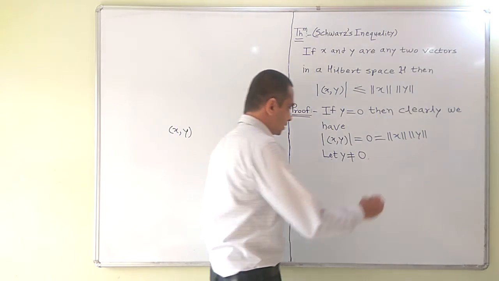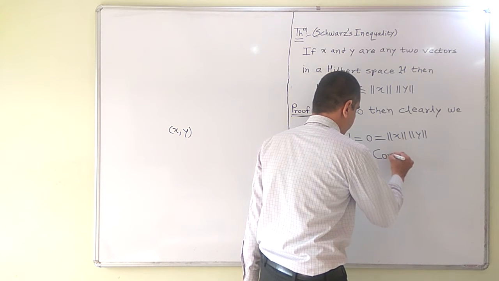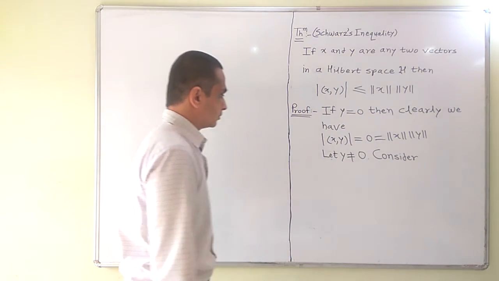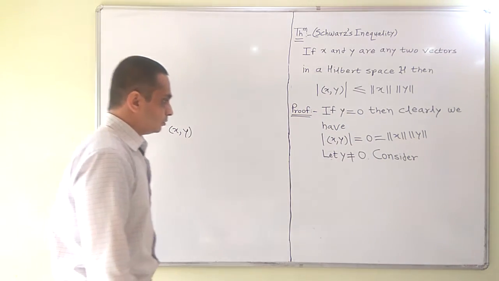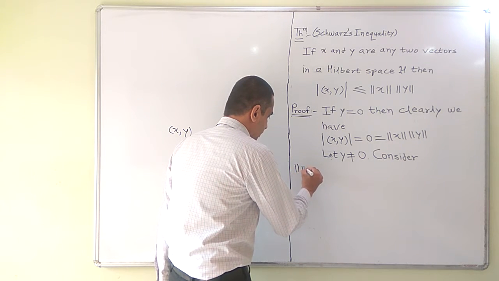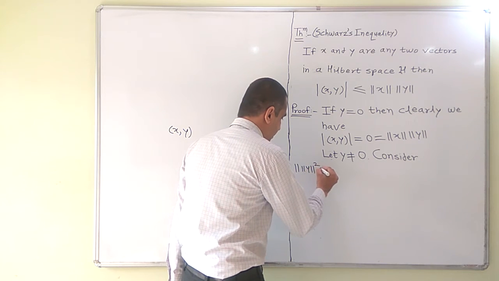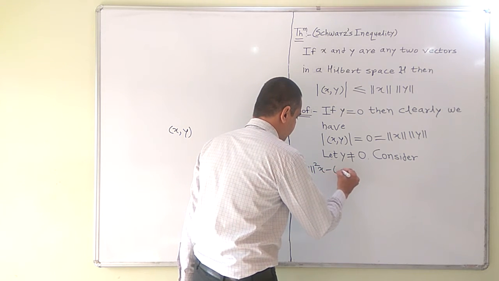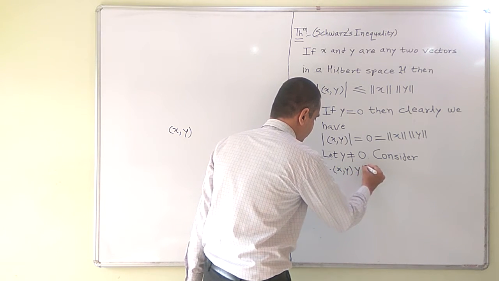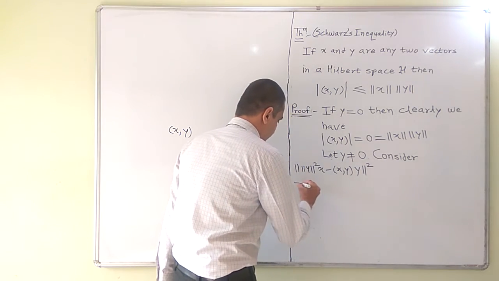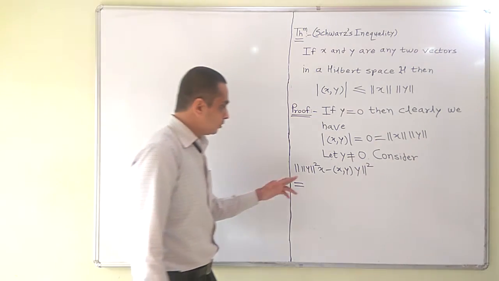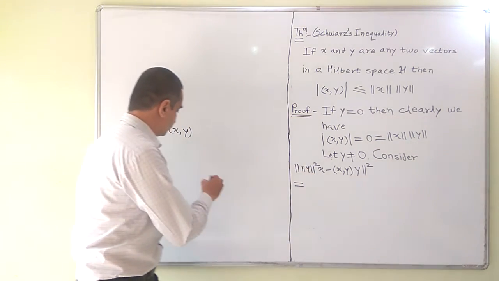Consider the expression norm of norm y square x minus inner product of x with y times y. So we are considering the norm of this vector. Which vector?